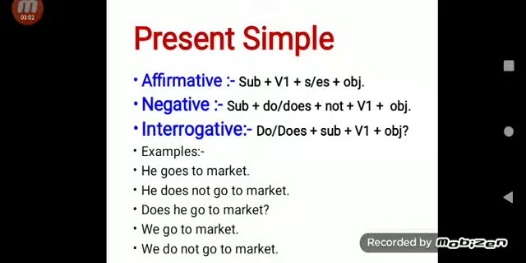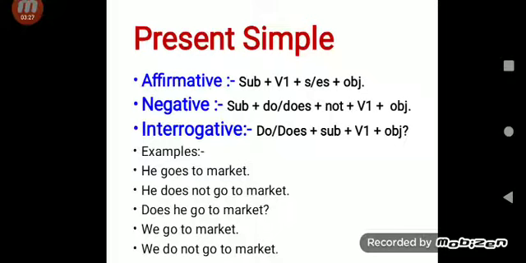Here it also has its three subtypes: affirmative, negative, interrogative. And we have to learn the basic structures of these tenses. Let's start with affirmative.